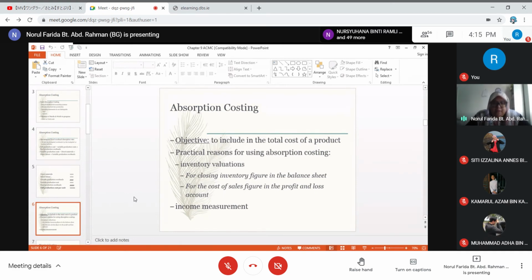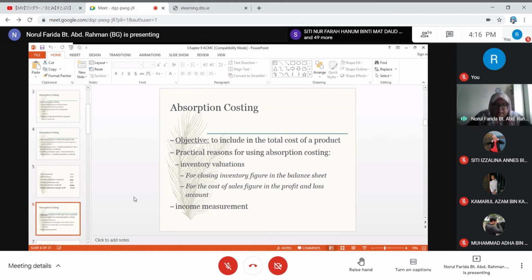Okay, kenapa kita nak absorb fixed production overhead ni sebabnya itu adalah production cost. Walaupun dia fixed, okay, tapi itu adalah production cost. So secara logiknya, that cost should be charged, right, to the product.